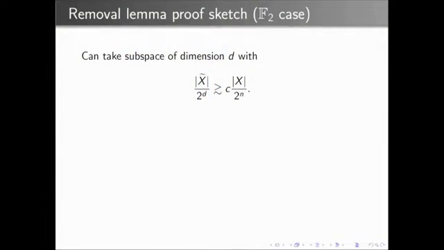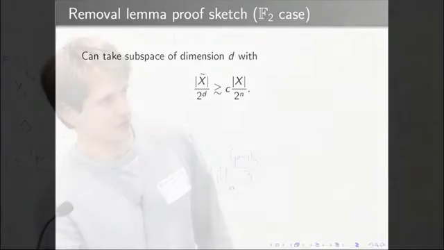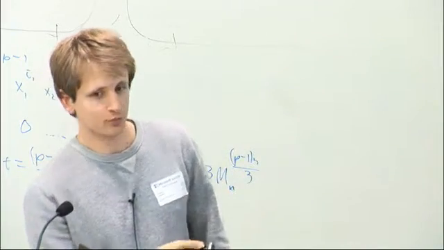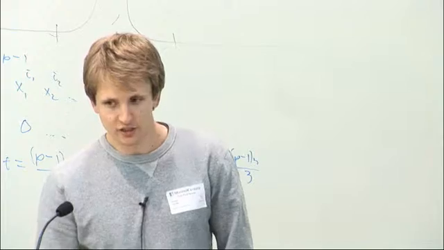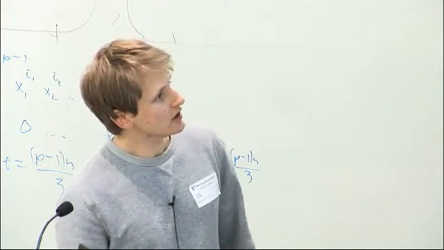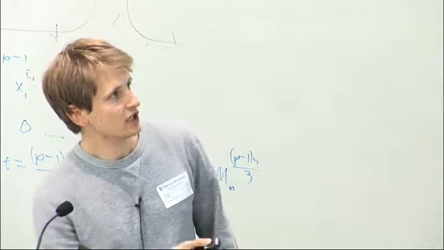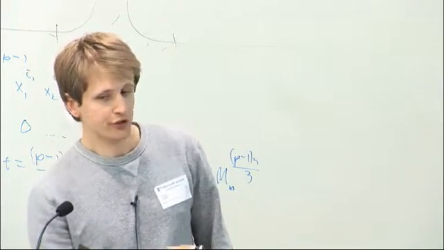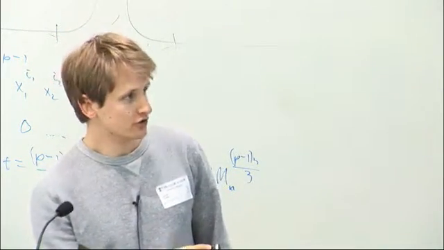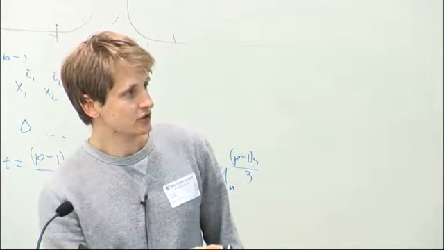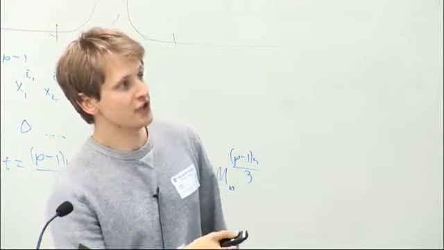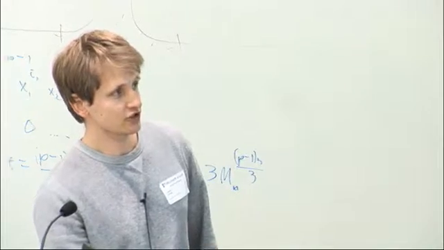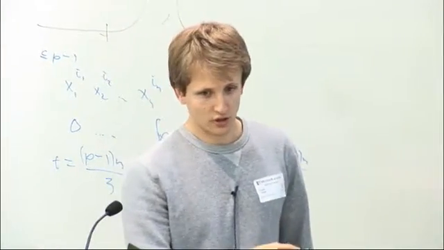Okay, so we saw that this expectation is at least a constant times the expectation of x prime, whose density and expectation is at least the density of x. So that means that we can take a subspace of dimension d where the density of points in good triangles is at least a constant times the density of points in x.